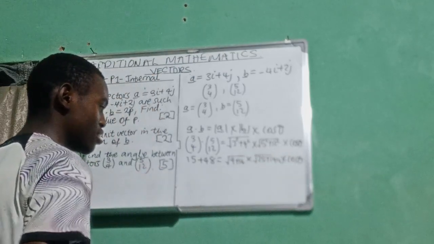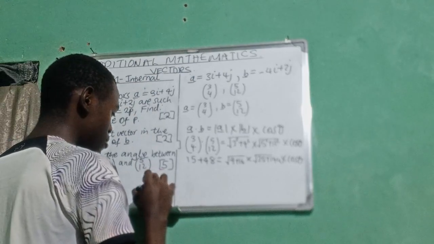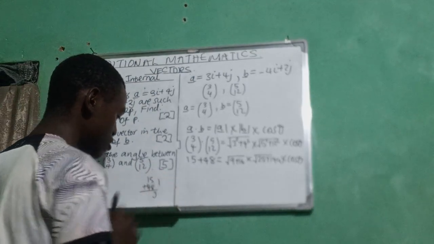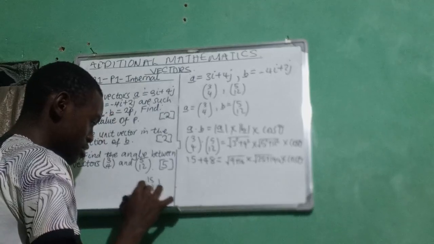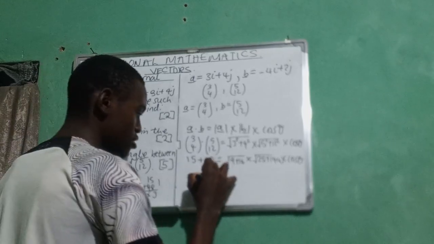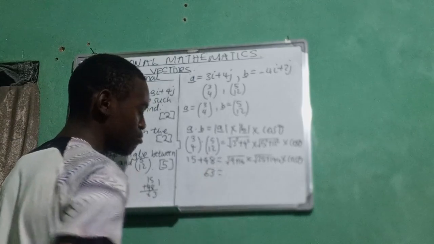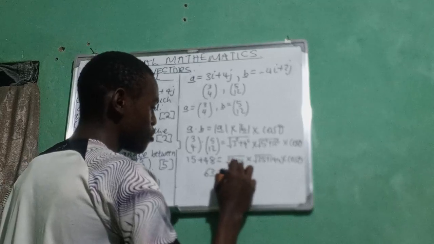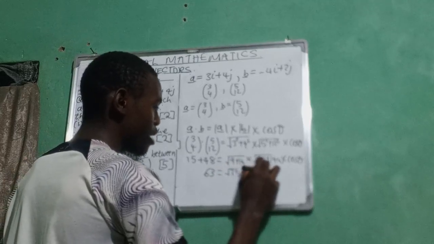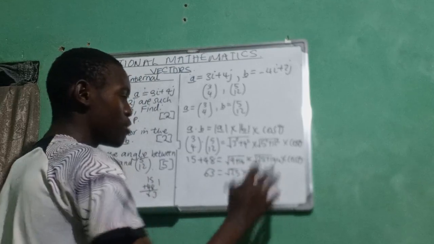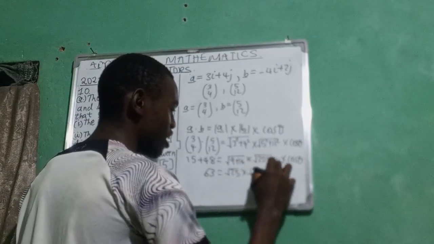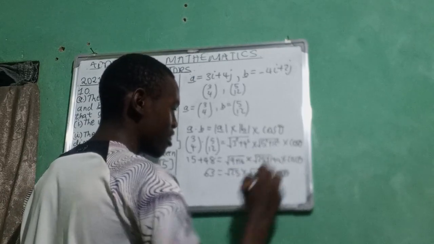And then if you do 15 plus 48, we're going to have 63. So 63 is equal to the square root of 9 plus 16, this is definitely the square root of 25, you multiply by the square root of 25 plus 144, definitely the square root of 169, you multiply by cosine theta.